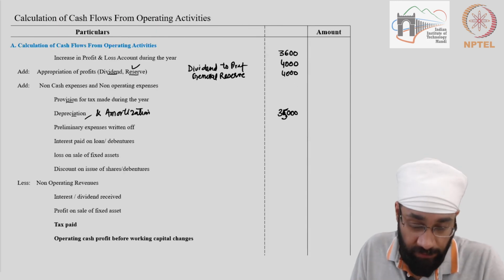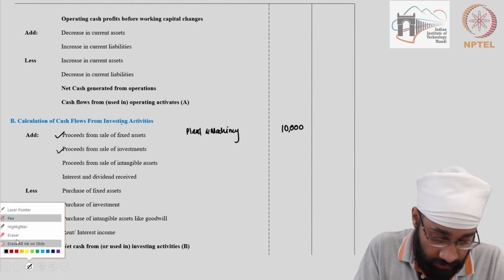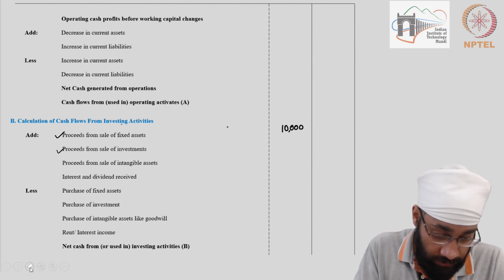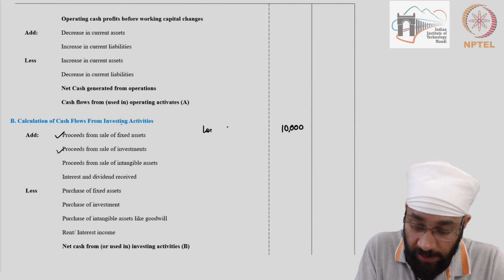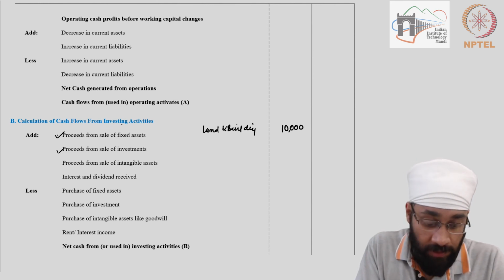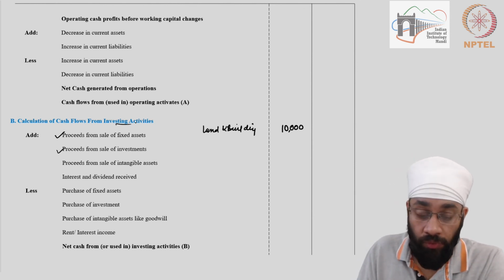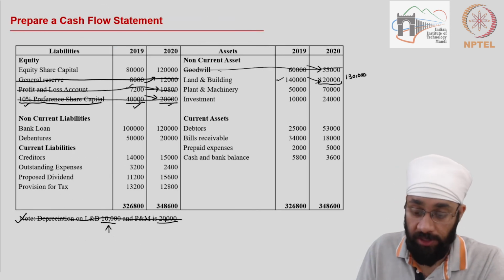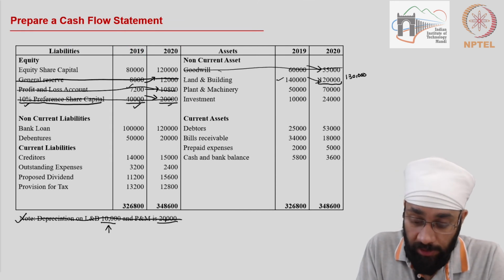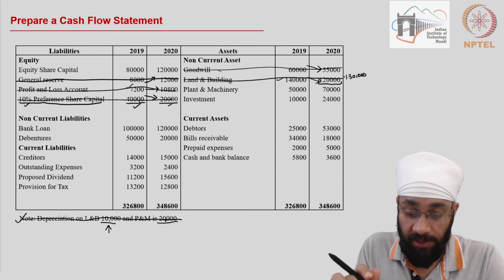Land and building, sorry, so I should make it land and building. So this is investing activities. Any transactions of fixed assets go to this second subsection in the cash flow statement. Now I can cross this off because I have taken care of all the relevant items here.